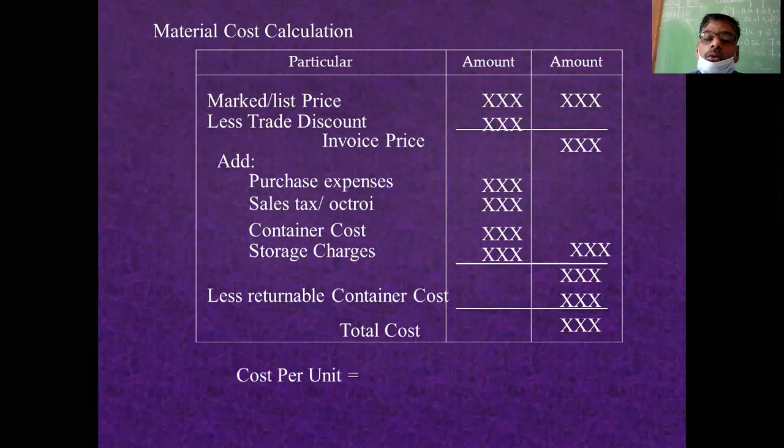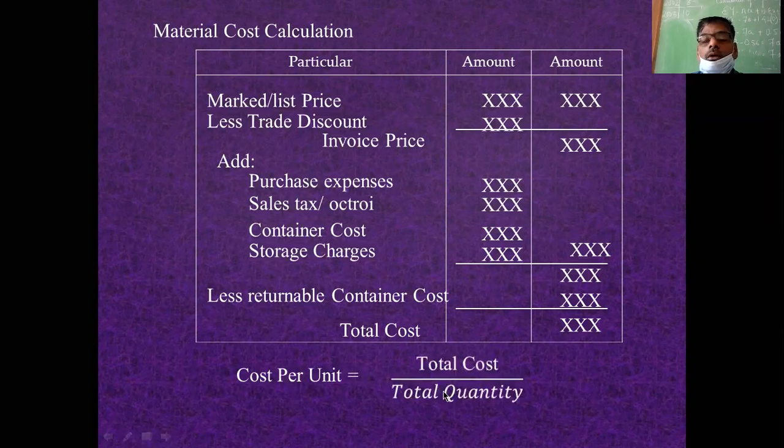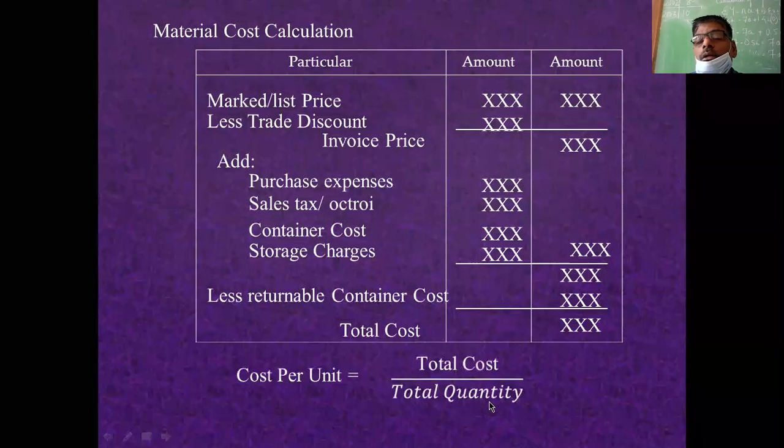You deduct that, and the total cost you will get. Then cost per unit will be total cost divided by total quantity. You take the total cost and divide by total quantity. That is the actual cost per unit. Actual cost of material per unit. In this way, you have to calculate cost of material per unit.